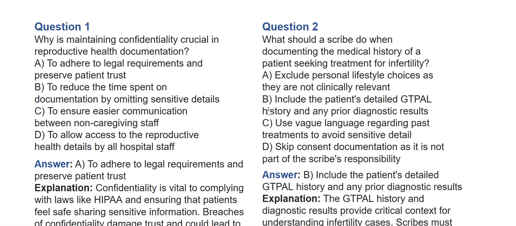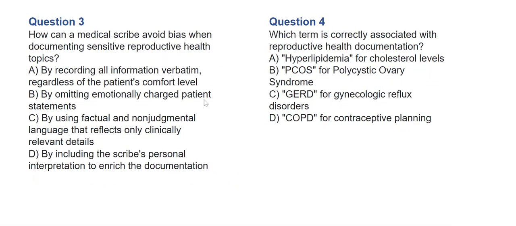The answer is B, to include the patient's detailed GTPAL history and any prior diagnostic results, as the GTPAL history and diagnostic results provide critical context for understanding infertility cases. Scribes must use detailed, precise language for accuracy and care continuity. Question 3.